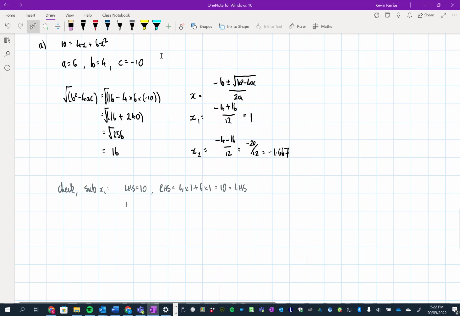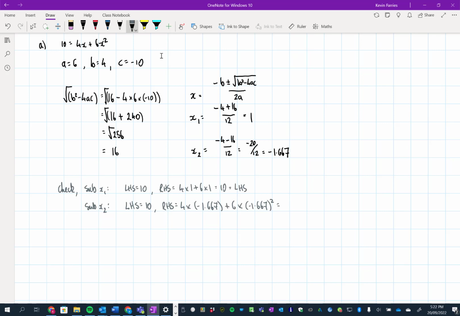So for the left-hand side, x2 into the original equation, left-hand side is equal to 10, right-hand side is equal to 4 times negative 1.667 plus 6 times negative 1.667 squared.